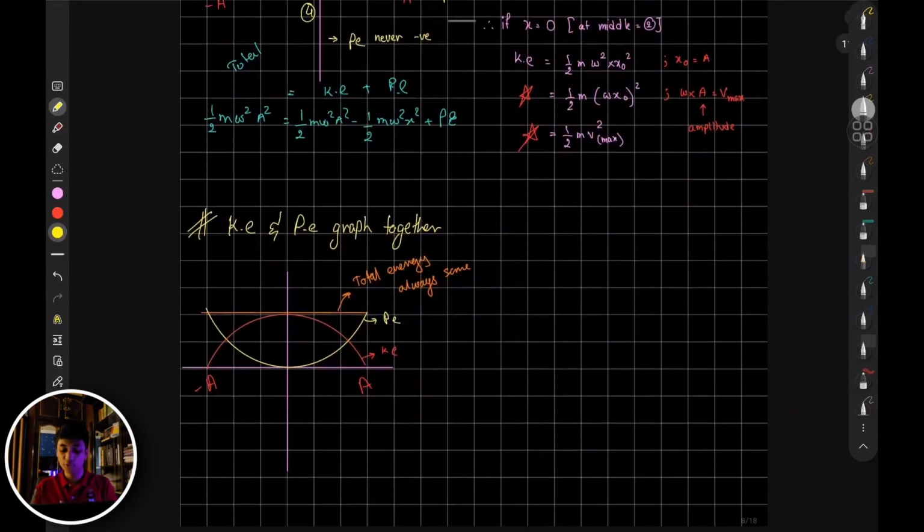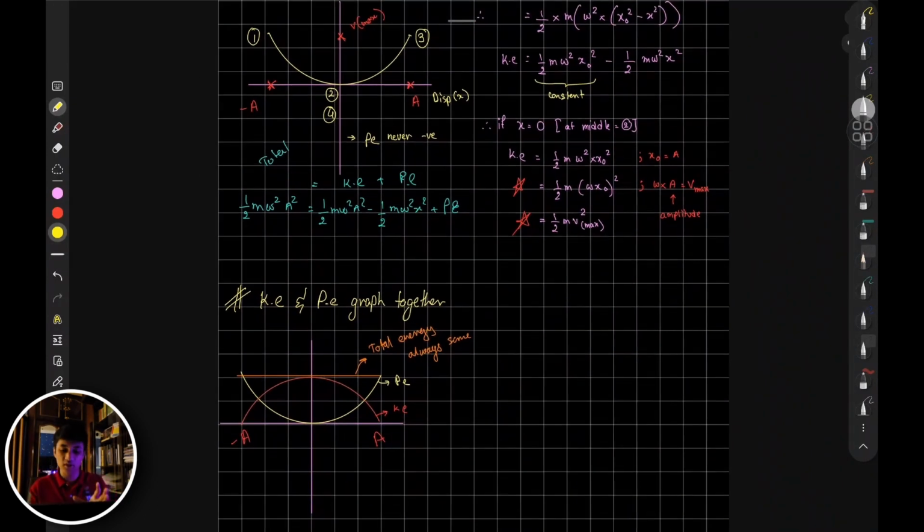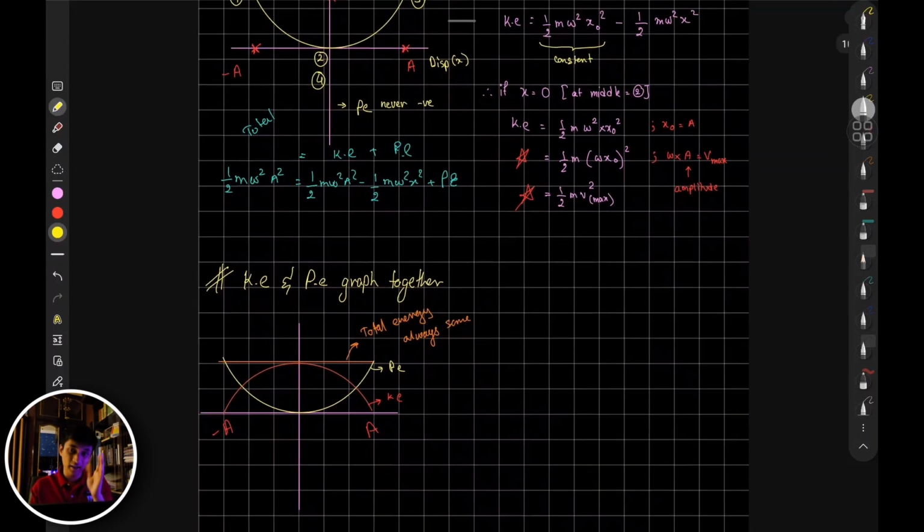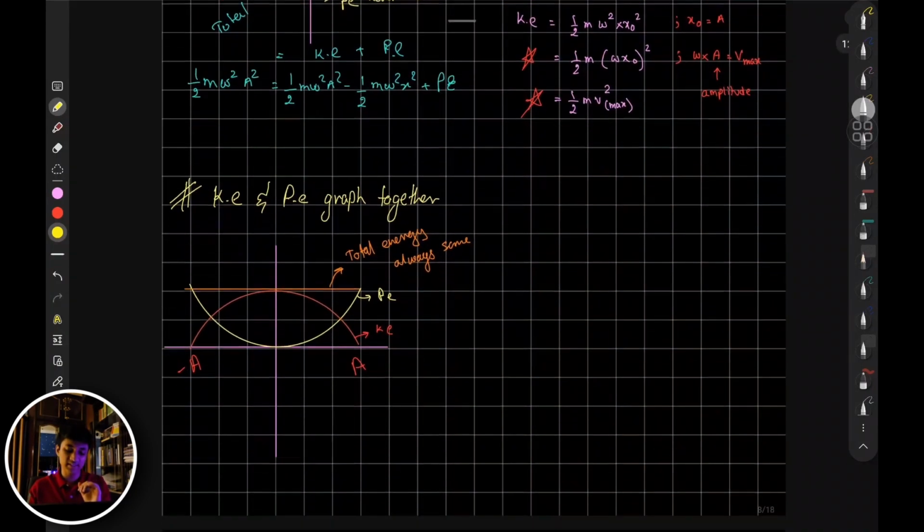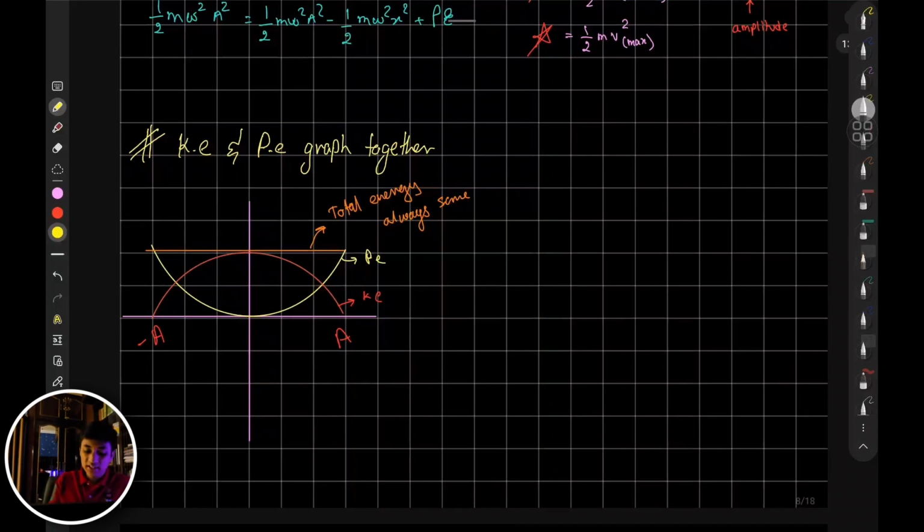So if we plug both of those equations into the curves here on one plot of x and y axis, we're going to see that the total energy is always constant. This is very important to understand, because when you're going to do the sums, this notion of the total energy remaining the same is going to help you.